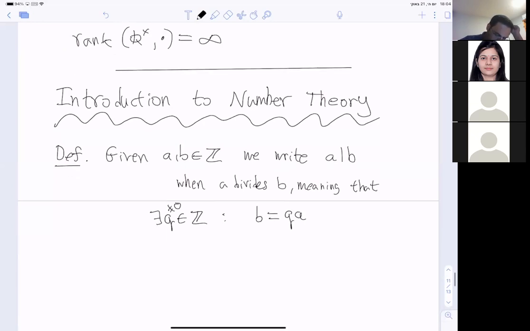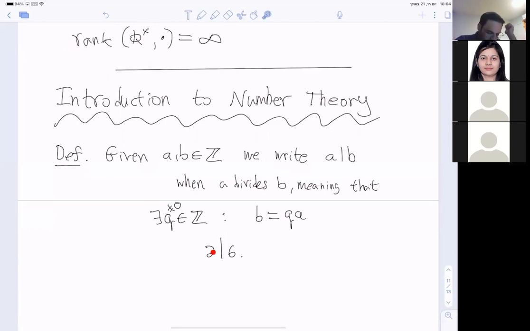For example, 2 divides 6. 6 is divisible by 2, but 2 divides 6. So this is how we write it.